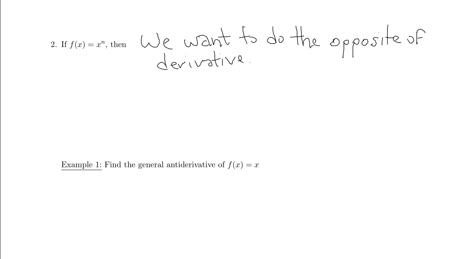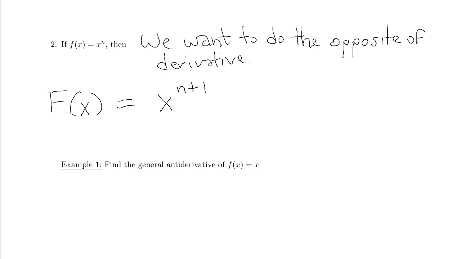With the power rule, usually what we're doing is we're taking our exponent, n, and bringing it down in front to multiply it. And then we decrease our exponent by 1. If I was taking the derivative of that, I would have n times x to the n minus 1. So instead of decreasing our exponent by 1, we should actually increase our exponent by 1. We're doing the opposite.